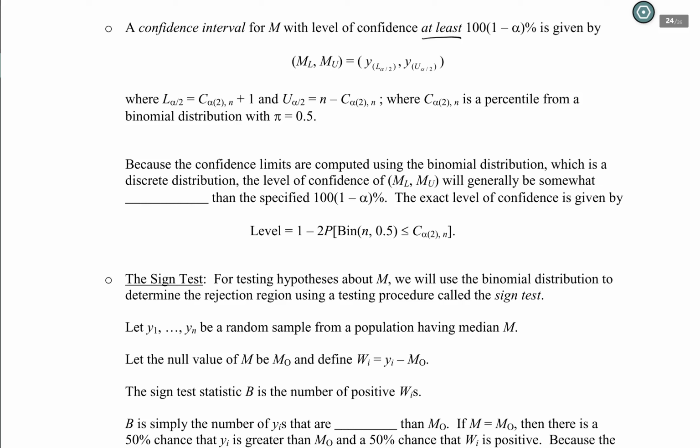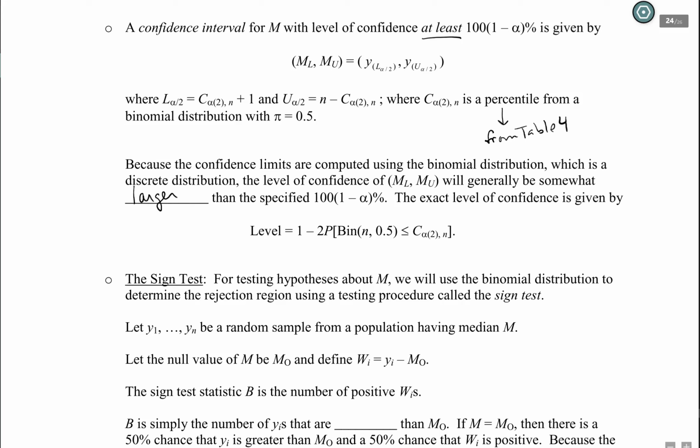Those percentiles you get from Table 4 in the back of your book. Because the confidence limits here are computed using the binomial distribution, which is a discrete distribution, the probabilities are discrete and they jump. And so the level of confidence here is generally somewhat larger than the specified value.